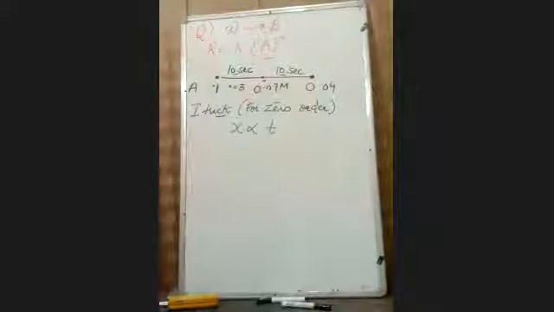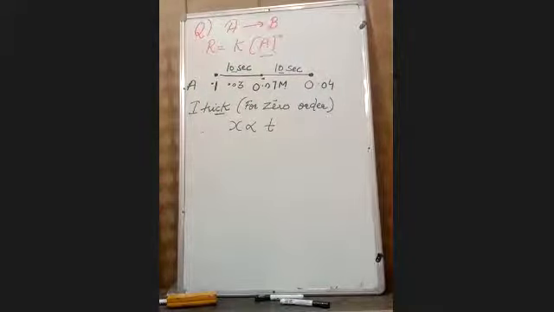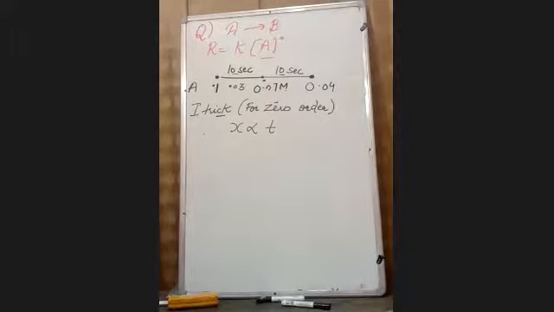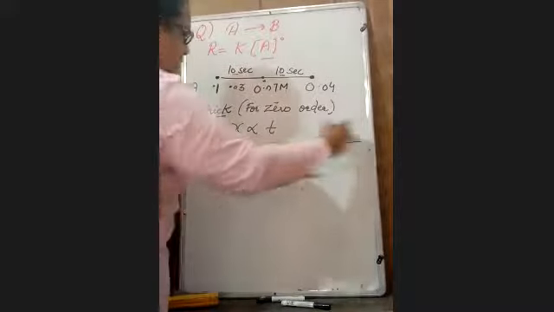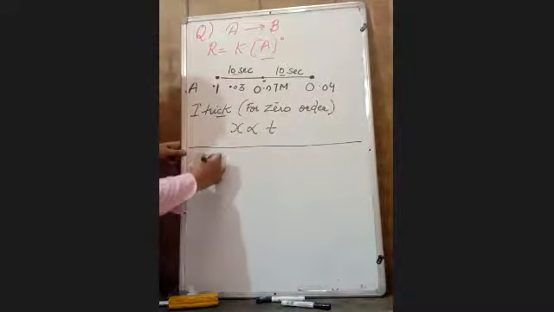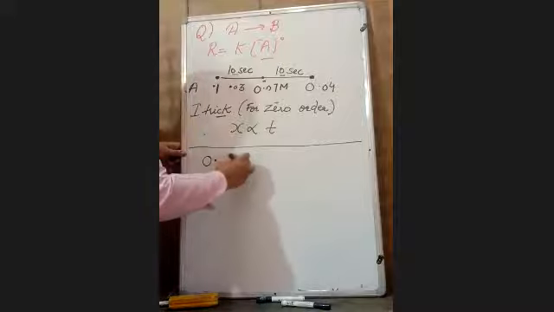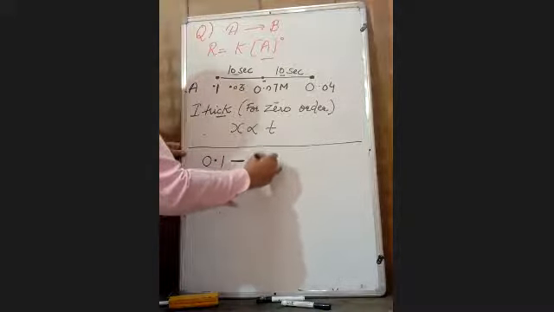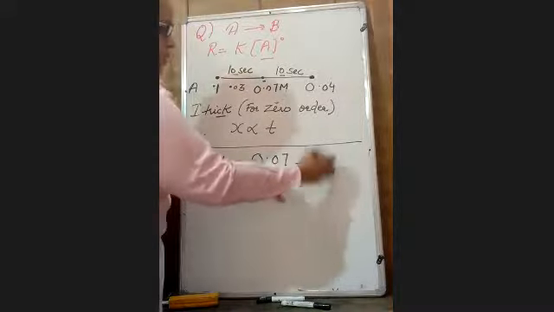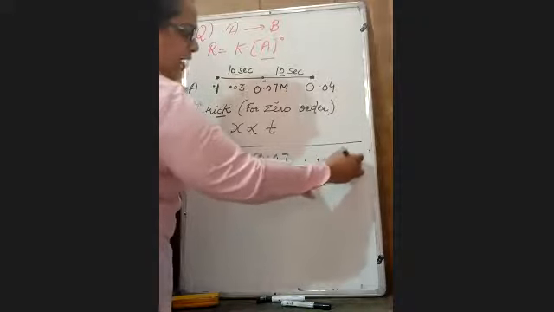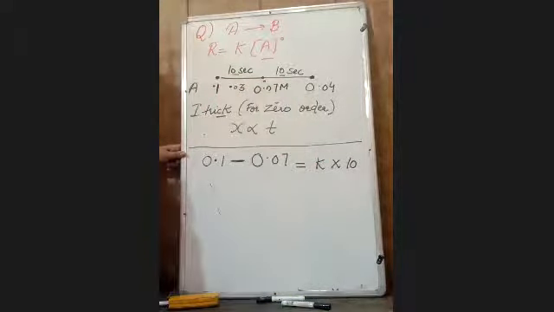Now, second trick. If you forget this trick, then take the lengthy conventional method. We start from 0.1. R naught minus R is equal to KT. K into 10 seconds.